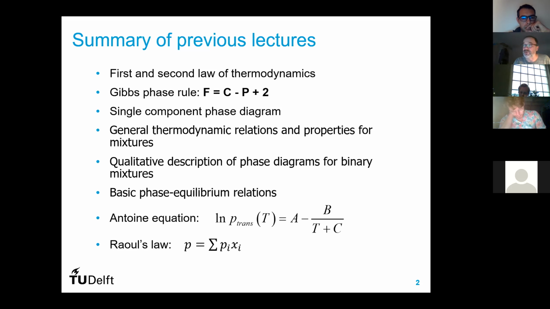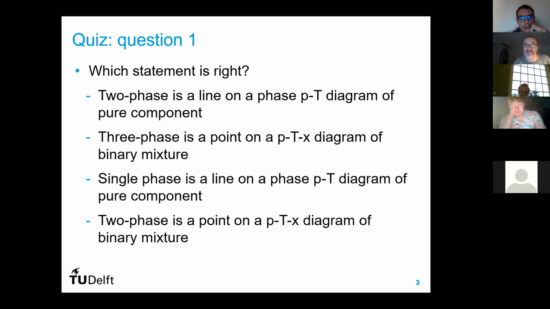Is it clear, all the descriptions that we had before? Yeah, more or less? Because if it is, then there is a quiz. The question number one is, which statement is right? Let me read it aloud.